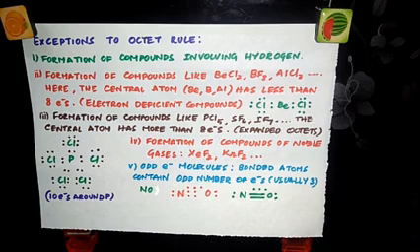We call them odd electron molecules. A 3 electron bond is usually considered to be equivalent to a half covalent bond. Other examples of odd electron molecules are nitrogen dioxide and the superoxide ion, O2 minus. All these are examples of odd electron molecules. So these are exceptions to the octet rule.